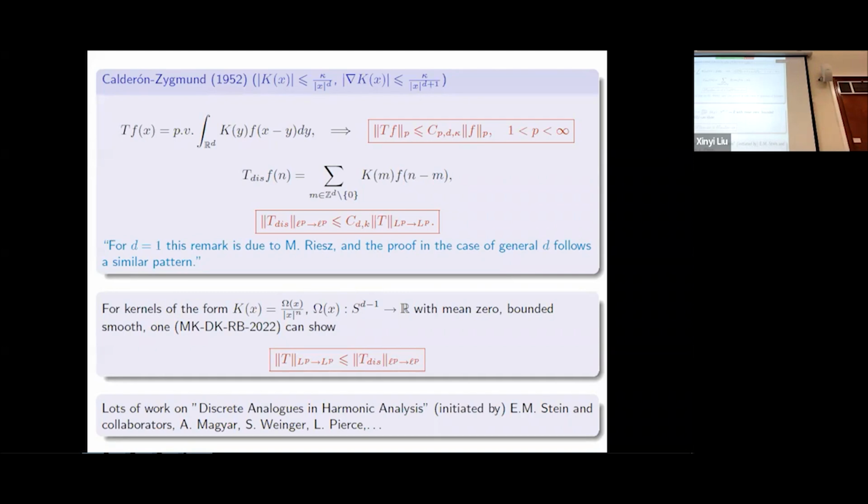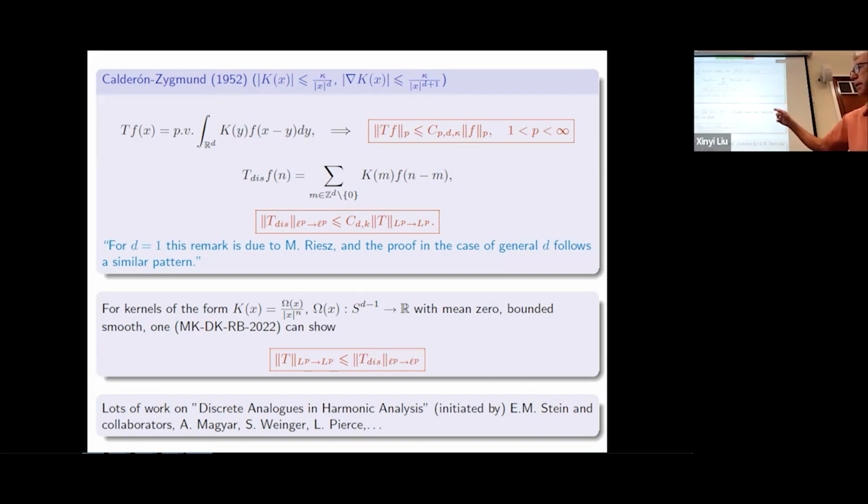But then they say the following: for dimension d, this bound holds, and the bound for the discrete singular integrals also holds. For d equals 1, this remark is due to M. Riesz, and the proof is due to M. Riesz, exactly in the same way that he proved the general case. And what turns out is that that's true.